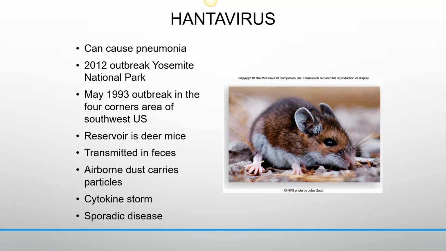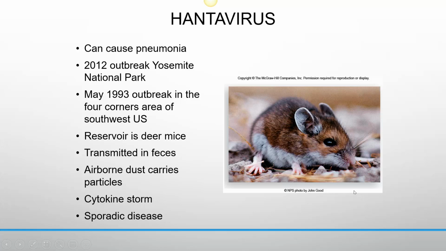And the hantavirus. So the hantavirus is kind of a sneaky one. This one usually causes sporadic infections, which means you have a few isolated cases here and there, but they are highly fatal. With the hantavirus, this is spread by the feces of the deer mouse. So this is what the deer mouse looks like.